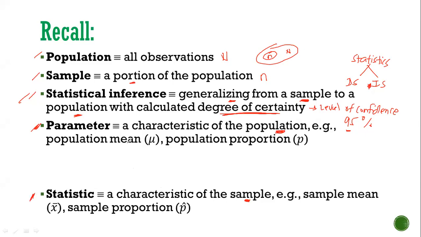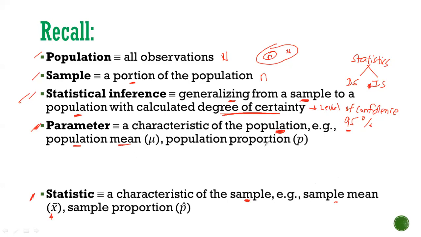Examples: we have your population mean, because your data, the average, came from a population. It is denoted by your mu. And on the other hand, we have your sample mean. If your data came from a sample and you took the average, this is your sample mean, which is denoted by your X bar. Mu and then X bar.